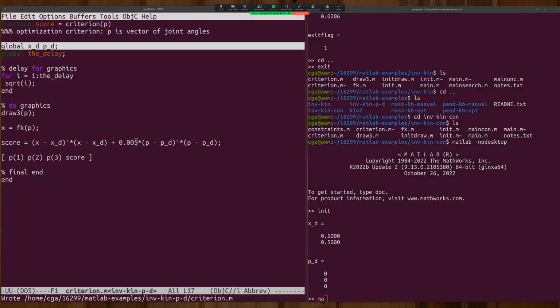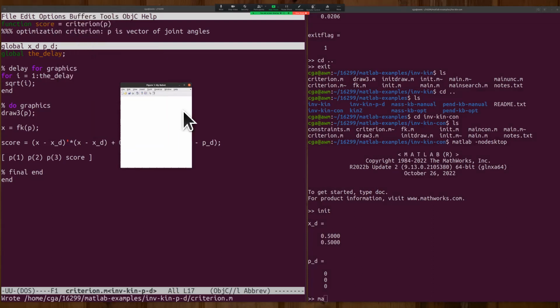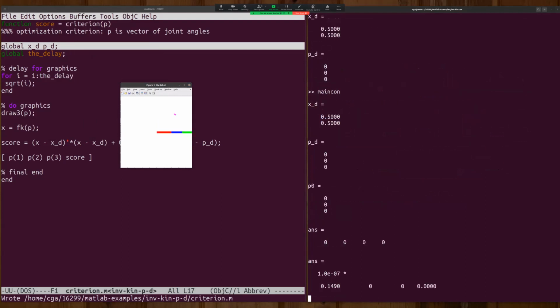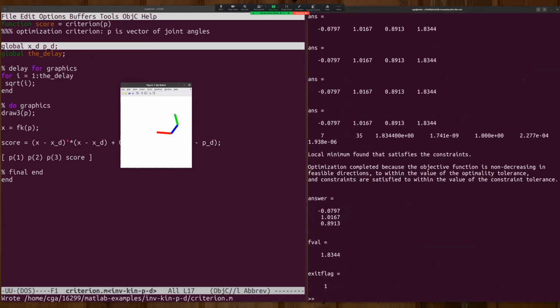All right. Okay, now my MATLAB is very unhappy with me for some reason. There we go. Okay, so it is able to hit the target and go to the unique configuration.